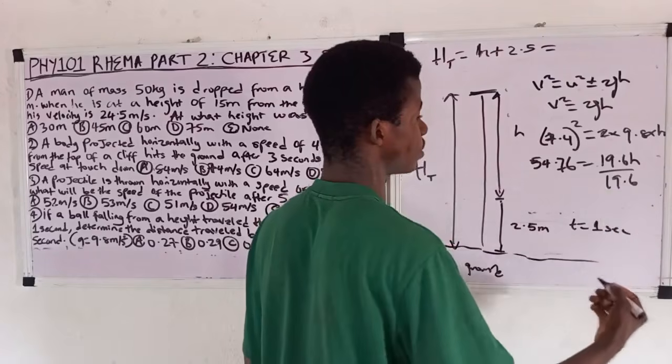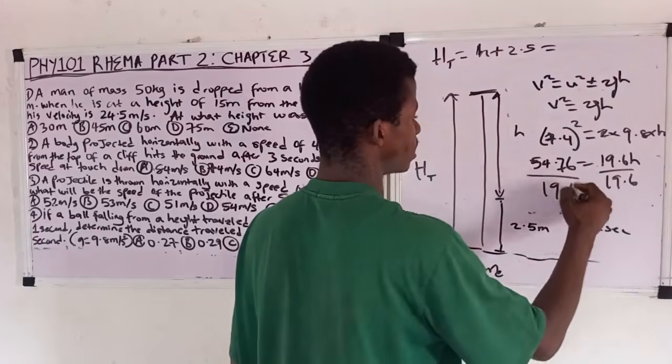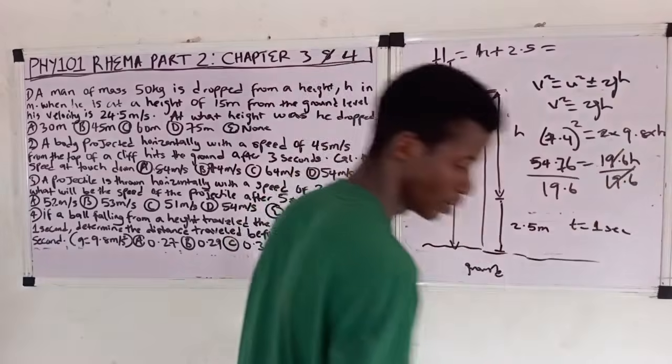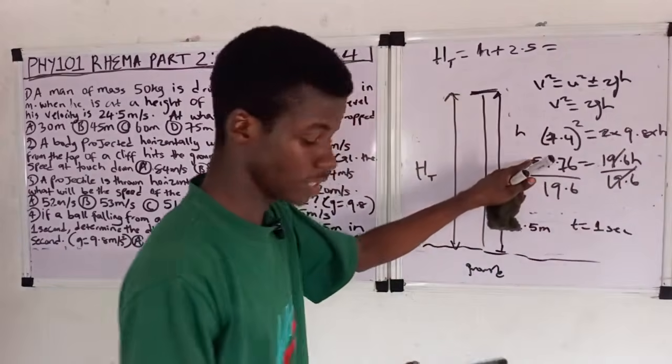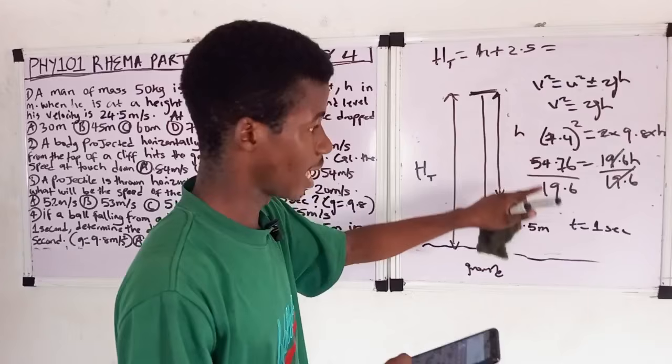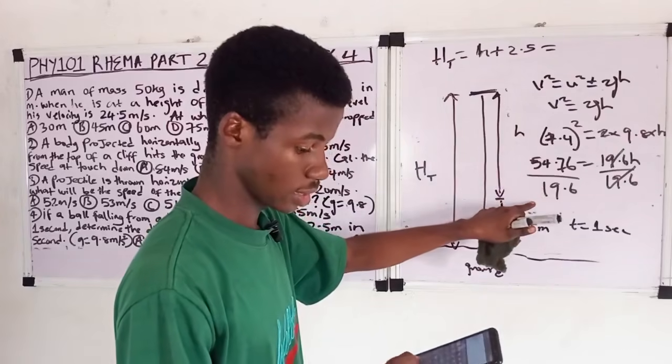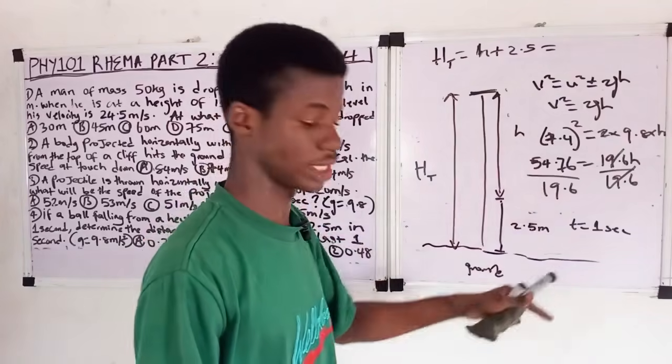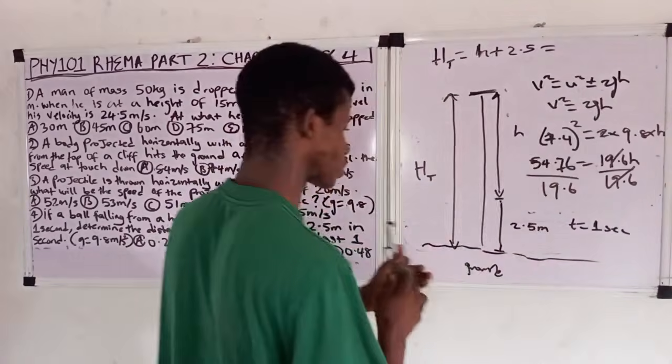We divide both sides by 19.6, and this cancels this. So h should be equal to 54.76 divided by 19.6, which is 2.7.